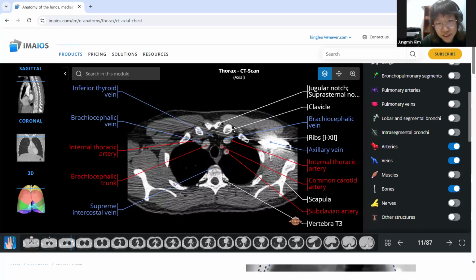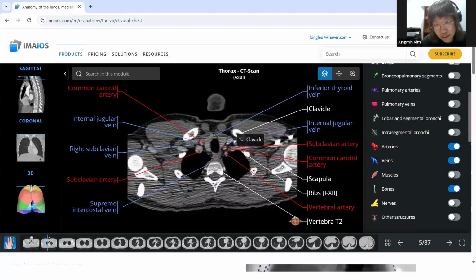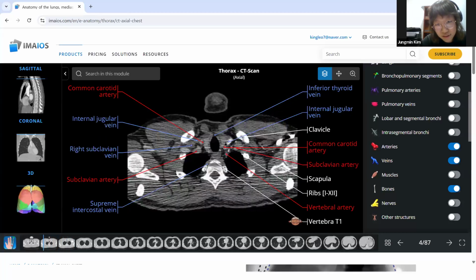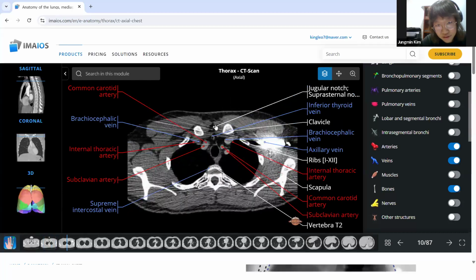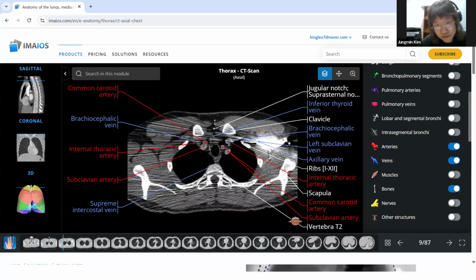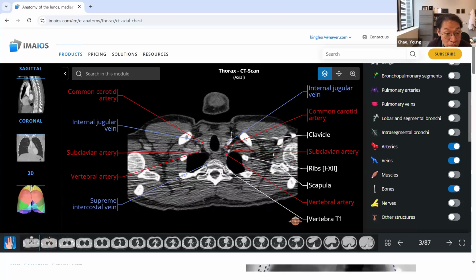So above this level is the SCN lymph nodes. This is where you should look, and you can also physically examine the patient and look for the supraclavicular lymph nodes. That also works. So where is the L1?